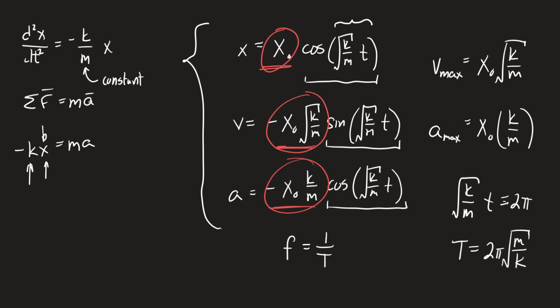Just another term. But frequency is in oscillations per second, while period is in seconds per oscillation. So they're just inverses of each other. As a detail here, this is going to be in inverse seconds. And we have a name for this unit called the hertz.